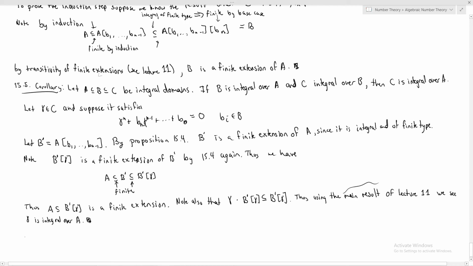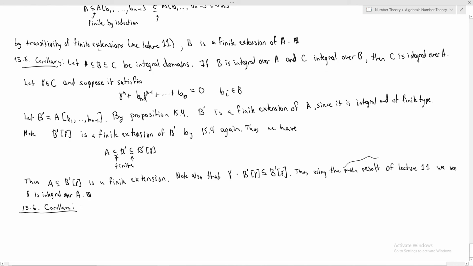Okay, and there's one last corollary, which is the fourth thing that I wanted to talk about. 15.6 corollary. This corollary is a little easier, and follows almost immediately from 15.5. And what does it say?